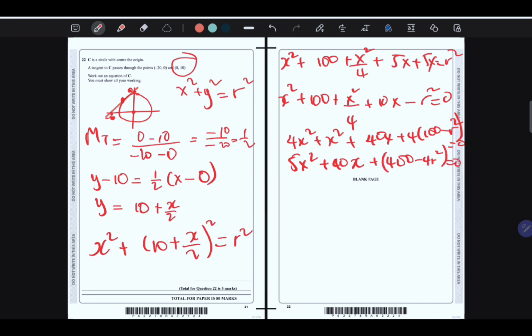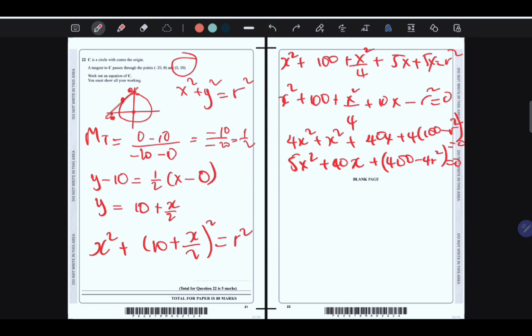Now, if the line touches only at one point, it means that the discriminant must be equal to 0. So what does that mean? The solution of this equation should have only one single point. It means when you plug it into the square root, whatever is inside should give you a 0, so that you're going to have just one solution.